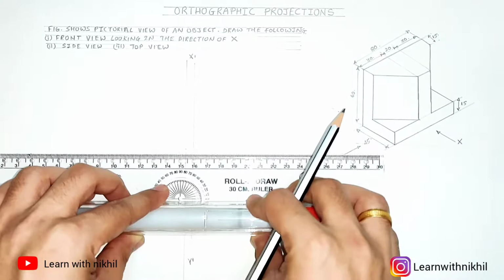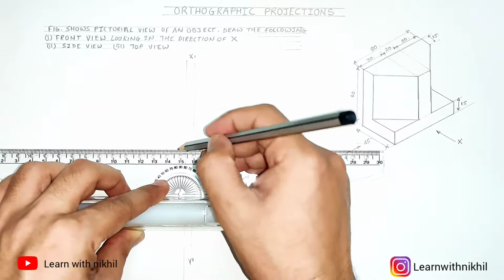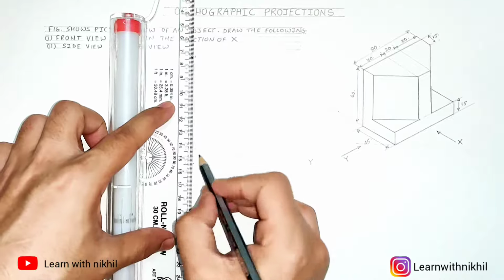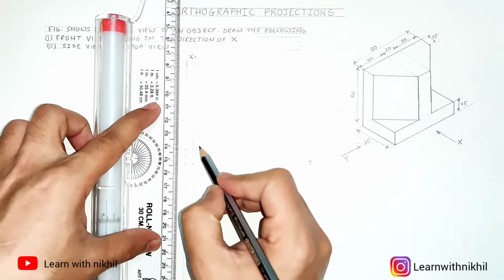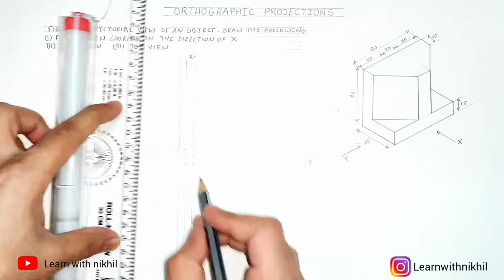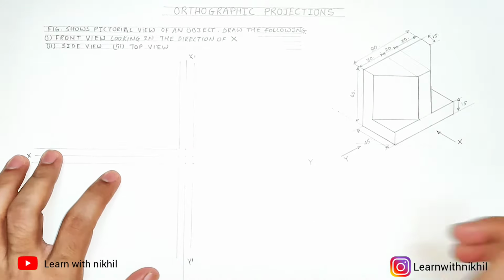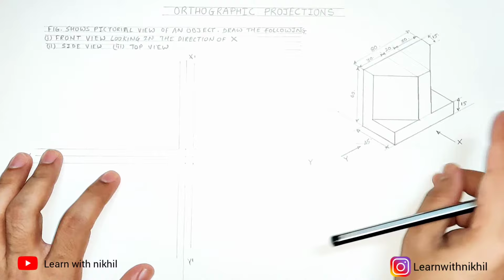It is a bit apart from that, so it looks spaced. So 5 millimeters apart, I have drawn these lines. You can take 1 millimeter or you can take 1 centimeter.